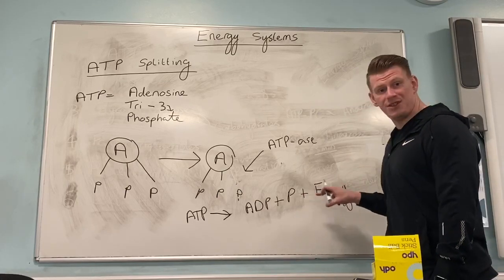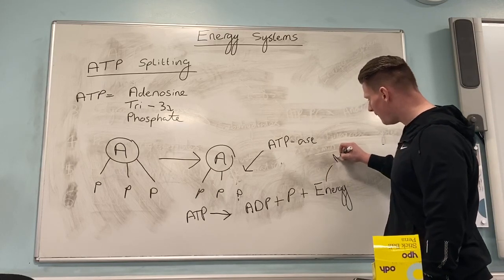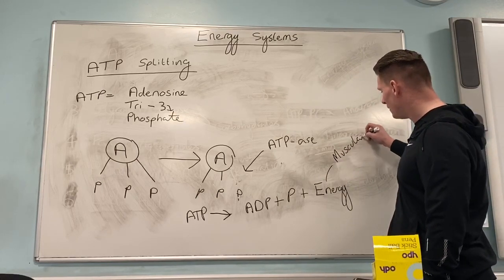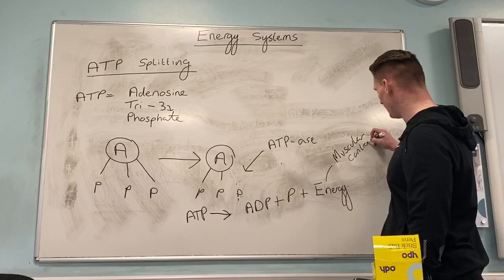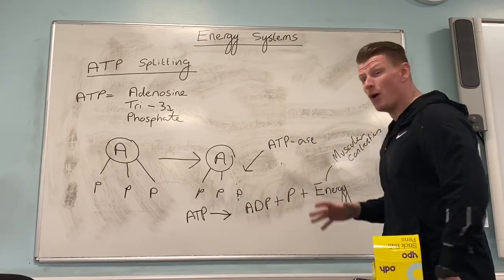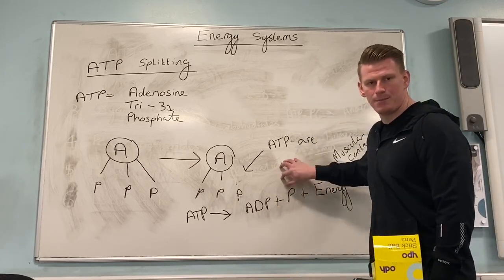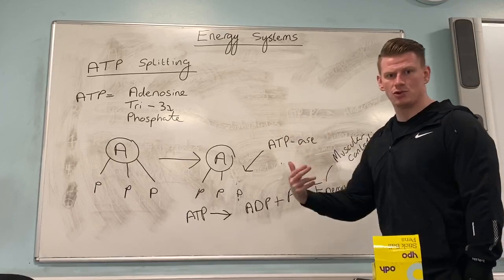Now this energy is used in my muscle for muscular contractions. I'll refer back to your earlier exam tip, which was the only way you can move is by breaking down ATP. So let's just run back a second.